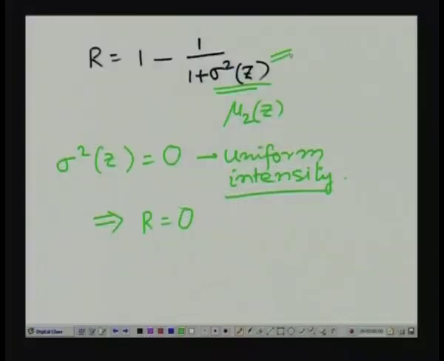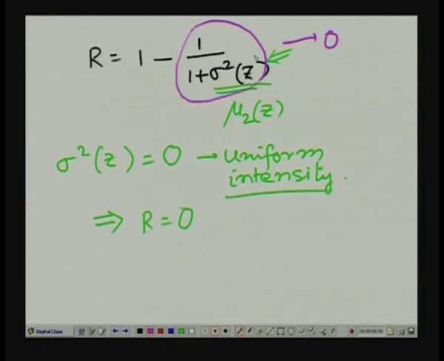But if I have intensity variation in the image, sigma squared z will be non-zero, and the more the variation, the larger the value of sigma squared z will be. So, as the value of sigma squared z increases, the quantity 1 upon 1 plus sigma squared z tends to be 0.